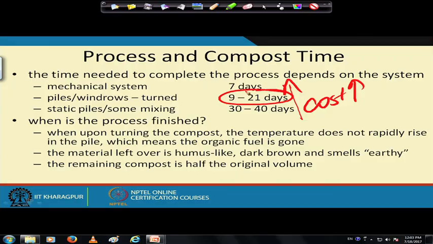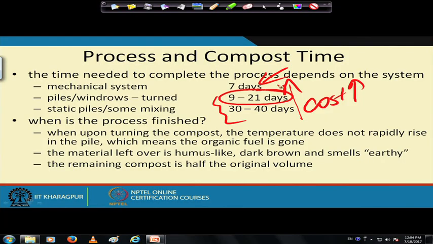When you do this pile, it also has the area occupied for 21 days. So if the land is cheaper, then this can work. But if the land gets very expensive, you may have to go for a mechanical system, because that's how it can get done quickly.